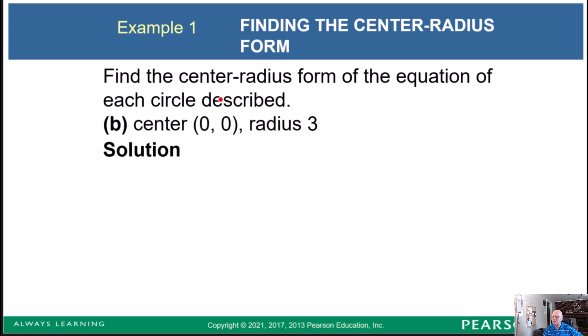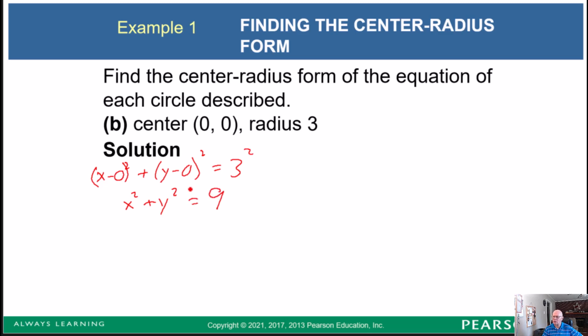How about this one? We want the center radius form, which is good. Now, x minus what? H is 0, so x minus 0 squared plus y minus 0 squared equals 3 squared. Of course, this is just x squared plus y squared equals 9.